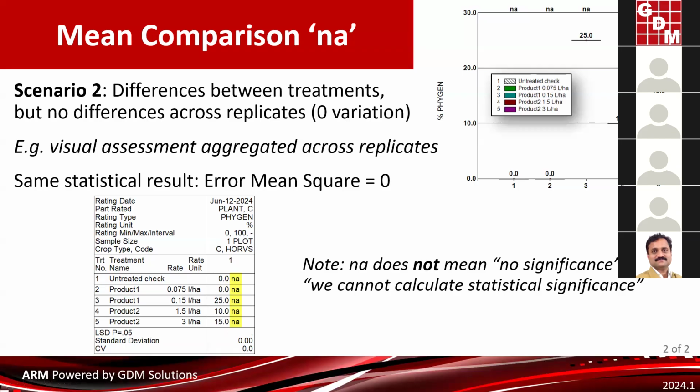Well, what do you mean? There's clearly differences between my treatments. The response was different depending on what treatment. But if you look at a box whisker, it helps to show, yeah, but there was no variation present here, so there's nothing to do statistically. And so the key really is to realize, when we're putting NA, that doesn't mean there's no significance. We're not claiming there is no difference between these treatments.